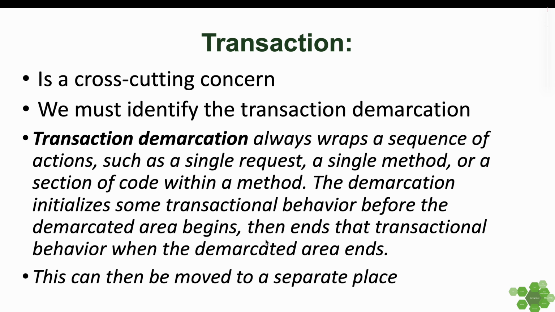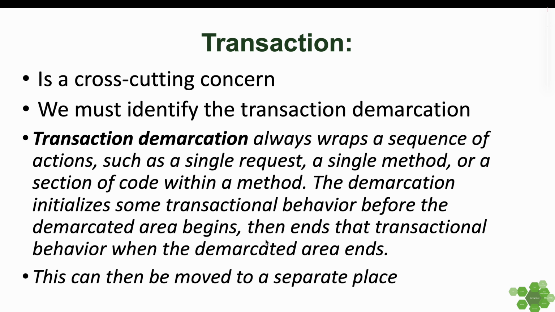So a transaction is a cross-cutting concern. It is that part of code that is replicated throughout your application, and you don't want that. You want to modularize it such that it can stay in one place and then be injected or used where it's needed.